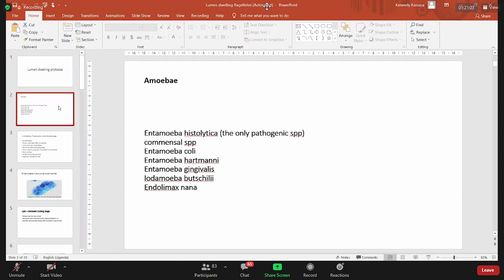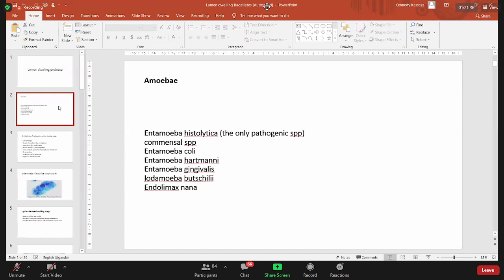The first one of these are known as amoebae, and there is only one species which is parasitic or pathogenic. All the other species are commensal, so they only obtain accommodation, but they do not harm the host.